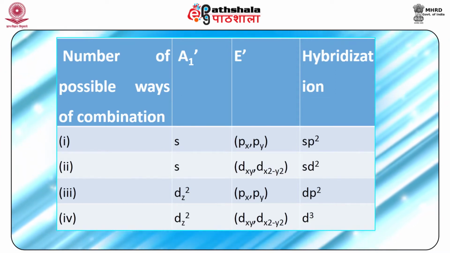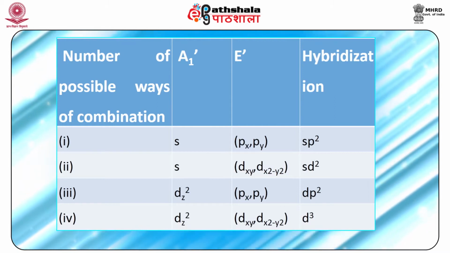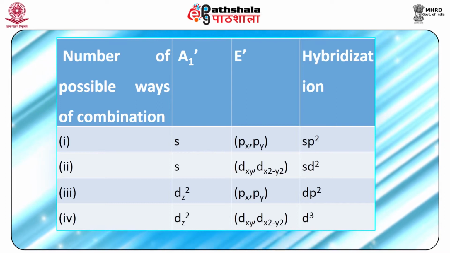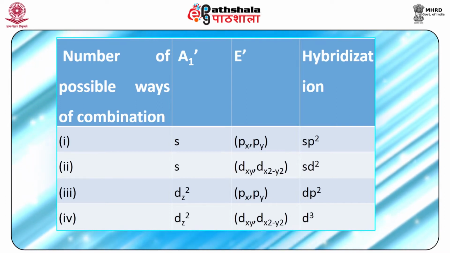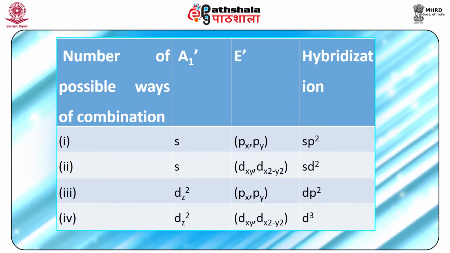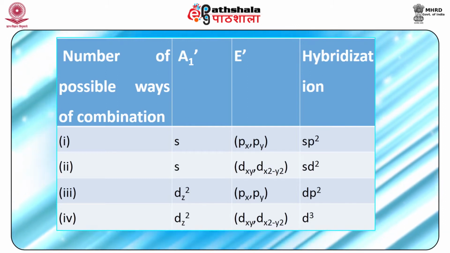Second way of combination is the s orbital of A1' symmetry, with dxy or dx² minus y² of E' symmetry, and the hybridization is sd2. Third possible combination is dz² of A1' with px, py of E', that is dp2 hybridization.